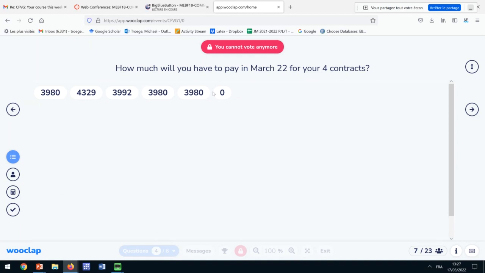But of course, once you have concluded the contract, you are committed to pay the price you have calculated here, the 3,980. This is 4 times the futures price that you have locked in. This is the price you will have to pay, but you will have to pay it in September only upon delivery, not in March.